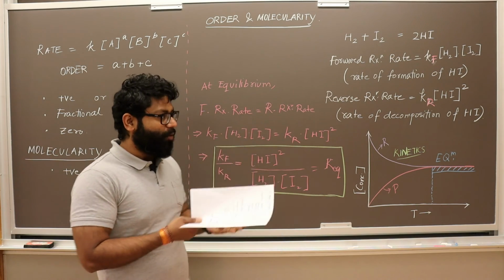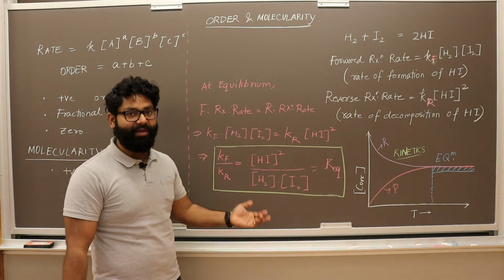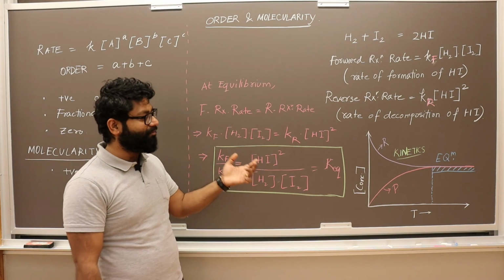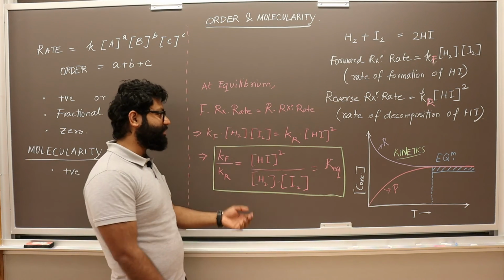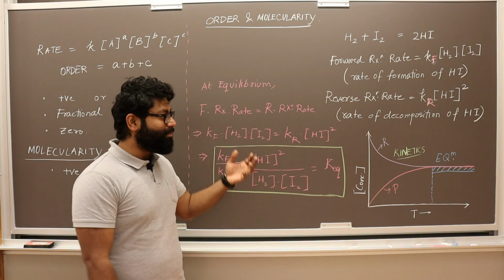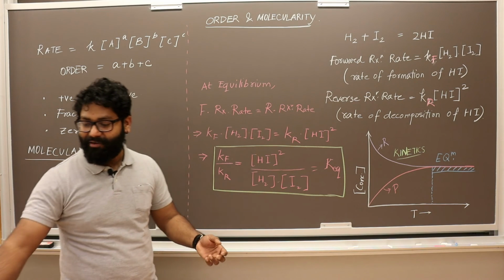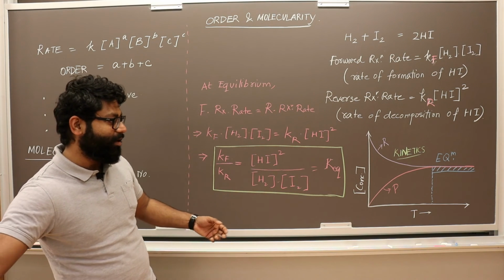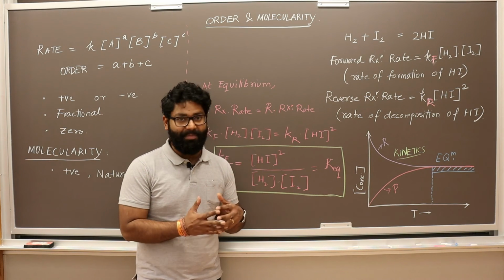So overall, there is no net change in the concentration of the reactants. That's the meaning of equilibrium. It doesn't mean that there is no forward or backward reaction. There actually is. So equilibrium is a very dynamic process. It's not static. If the concentrations are not changing, that doesn't mean that it's static. It is a dynamic process.